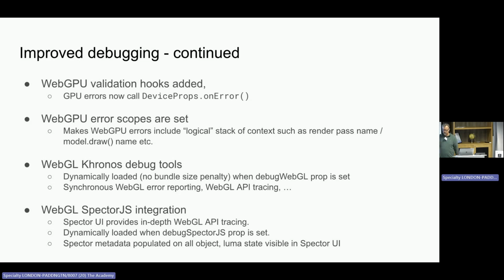You can say, okay, so this error happened during the application's render pass, or picking pass, and it happened during the render of this model while setting the bindings or whatever. So it's really, really helpful because it can be overwhelming to just get a random WebGPU error, and now you see the logical context. And even applications can opt into that and add on to that stack.